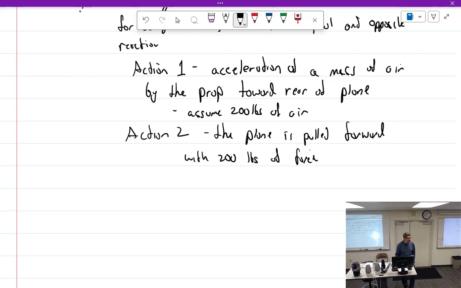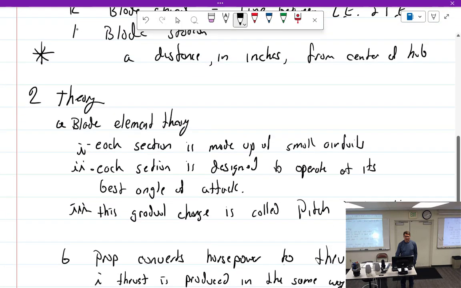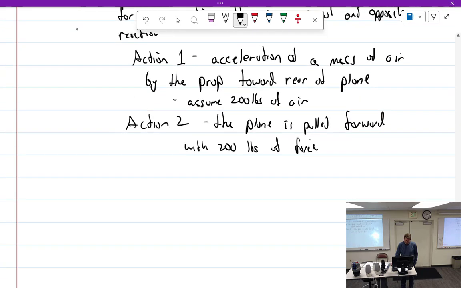That is an example. Do not assume that all planes have 200 pounds of force. Thrust. Well, I cut out some stuff. We'll just go with it.